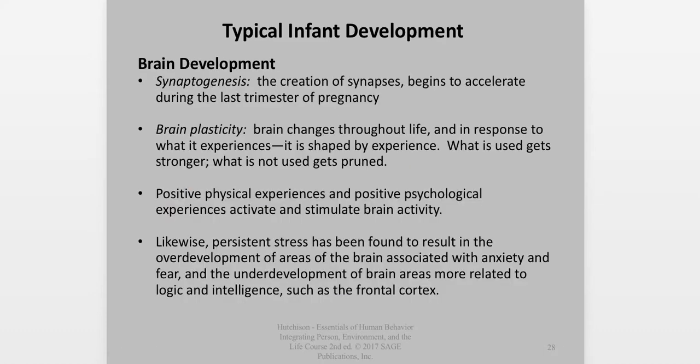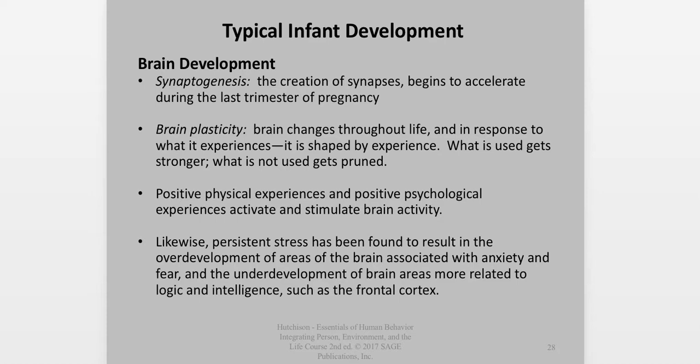Brain development, of course, is a very important thing going on during this period of time, and synapses have really accelerated quite a bit during the third trimester of pregnancy. We talked about plasticity in a previous chapter, I believe, but the brain changes throughout our life and also changes in response to the experiences that the brain has.